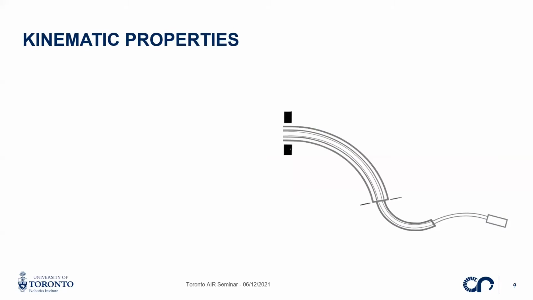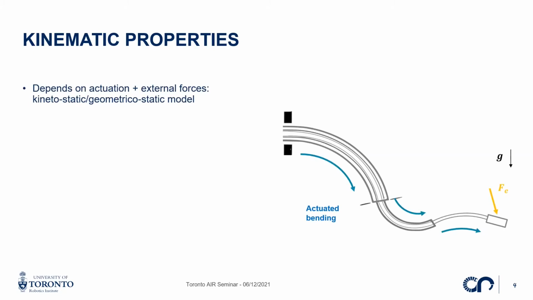So let's go over them with this, let's say for the moment, generic planar continuum robot that you can see on the schematics. So one first property is that the shape and the behavior depend, as I said before, on the actuation forces that are used to bend the robot, but also on external forces, such as the gravity, such as the load at the end effector of the robot during manipulation.